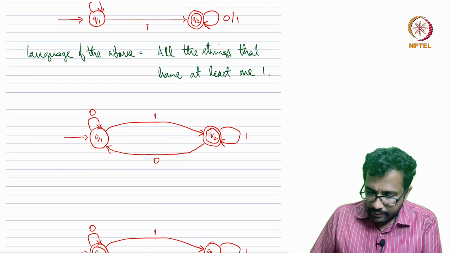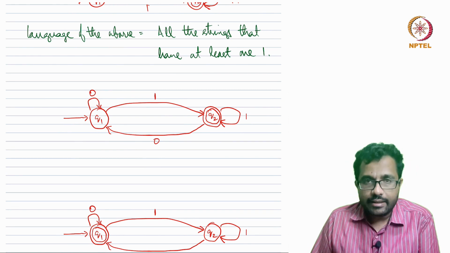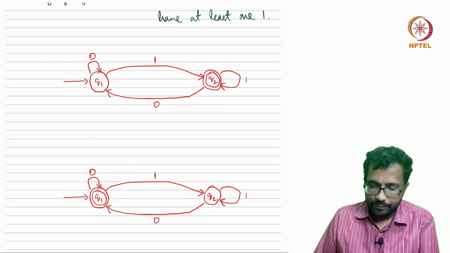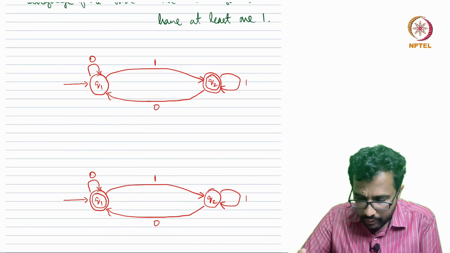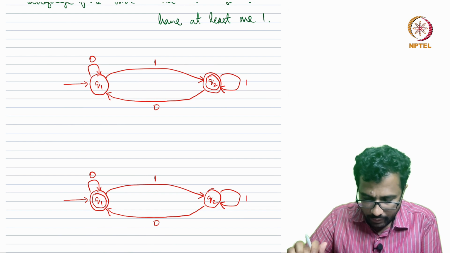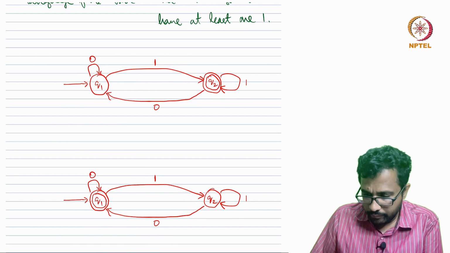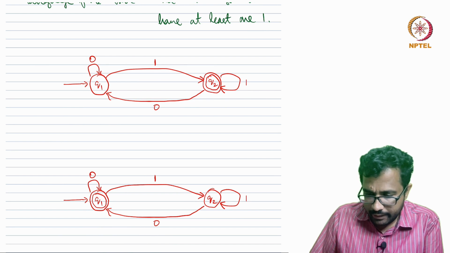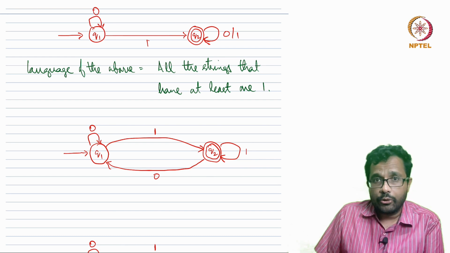Now let's see another DFA. The starting state is Q1 here, and let's see what this thing does. Whenever you see a 1, you move to Q2. Unlike the earlier DFA, once you move to Q2, you can come back to Q1 here.